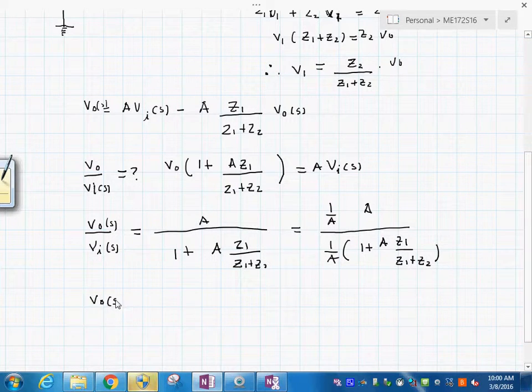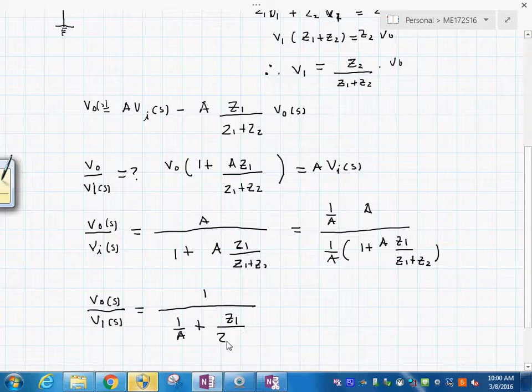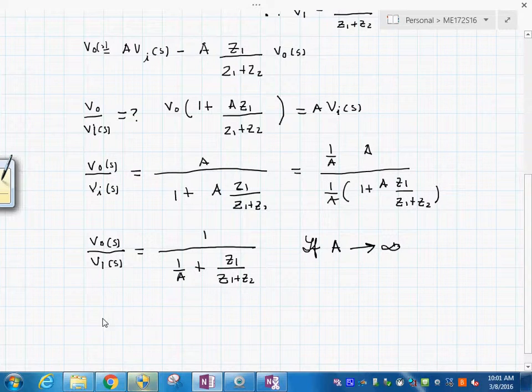And then you could say, if A is big, infinity, what would happen? V sub 0 of S over V sub I of S is going to be equal to what? This term would go to 0, right? This would be like 1 over Z sub 1 over Z1 plus Z sub 2.